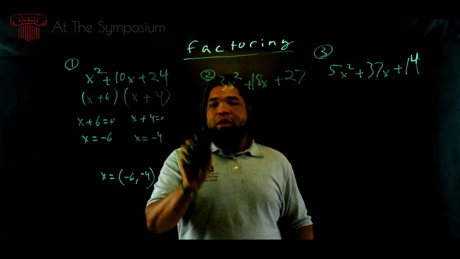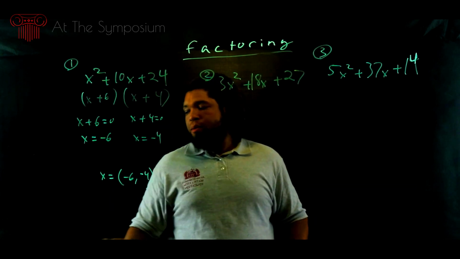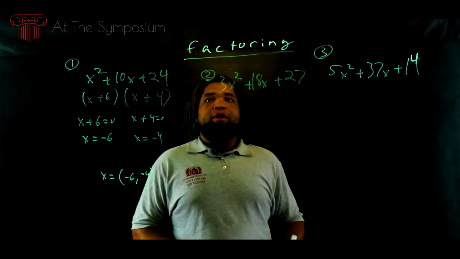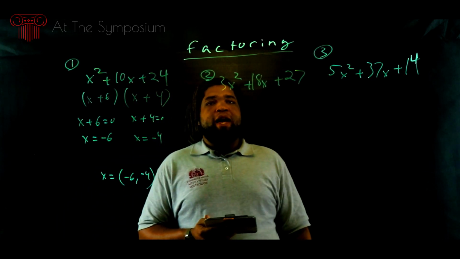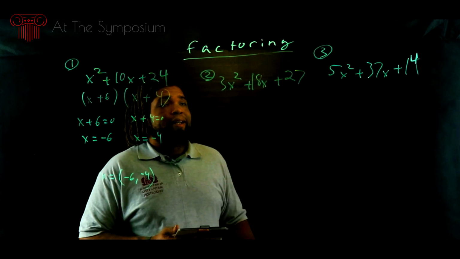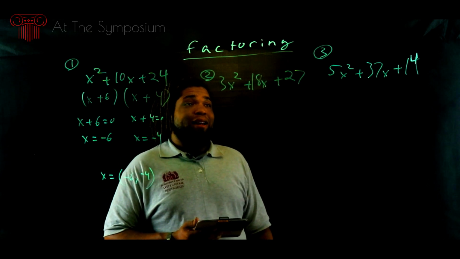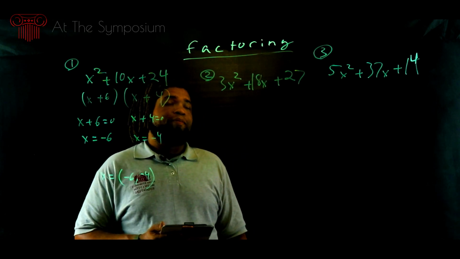And that coefficient is what's going to make this problem a little bit different for us. Not completely, but just a little bit different. So we have 3x squared plus 18x plus 27.